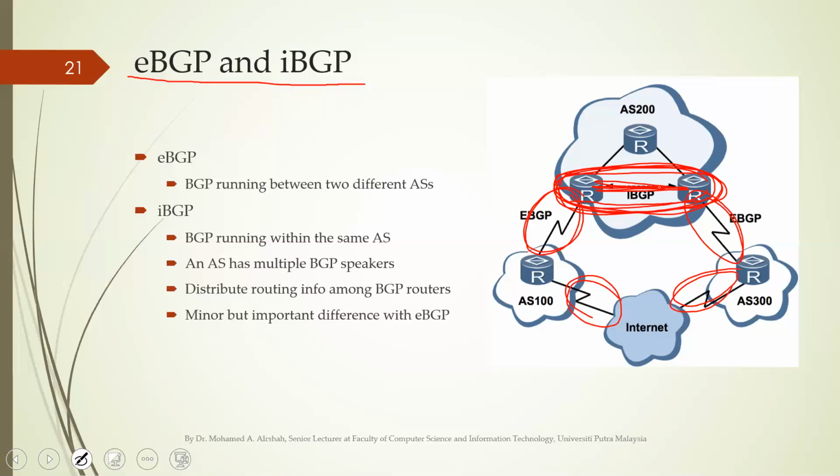As I mentioned before, the concept of interior gateway protocols inside the same autonomous system is to focus on performance, but the exterior gateway protocols have to focus on policies, security, filtering, etc.